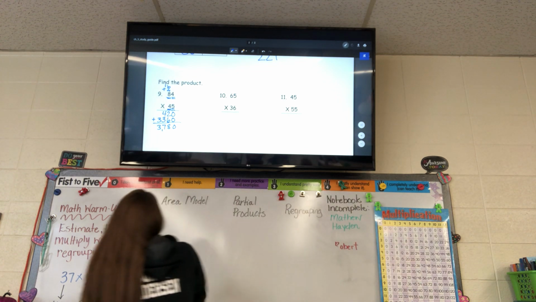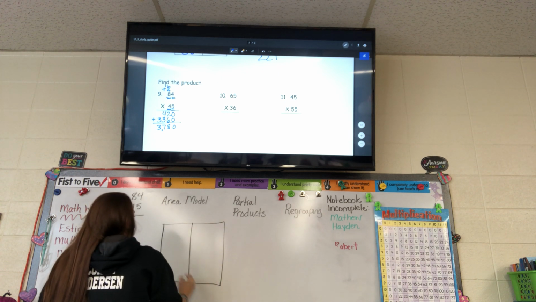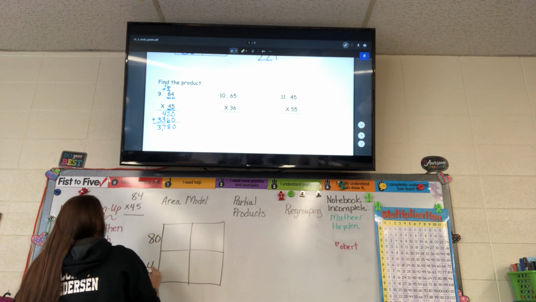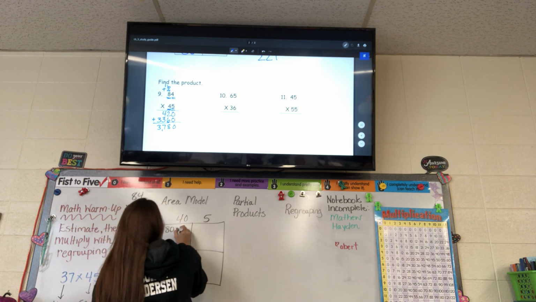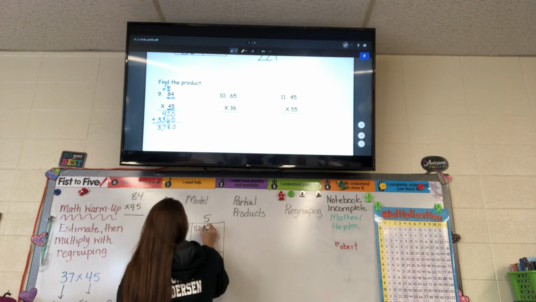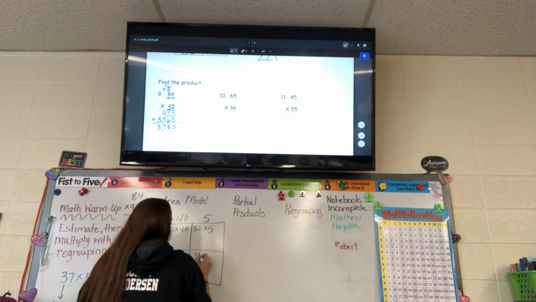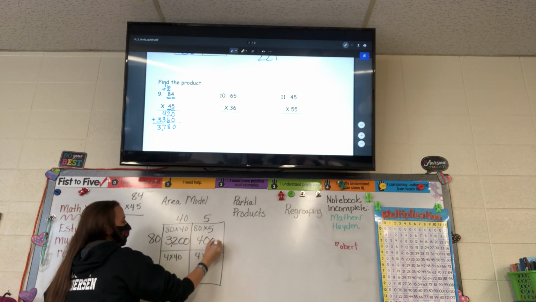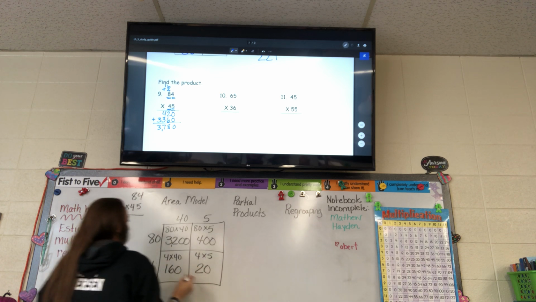If you want to do an area model, copy this down. 84, 45. 80 times 40, 80 times 5, 4 times 40, and 4 times 5. 80 times 40 is 3,200. 80 times 5 is 400. 4 times 40 is 160. 4 times 5 is 20.